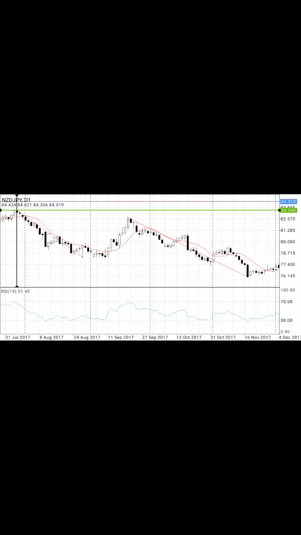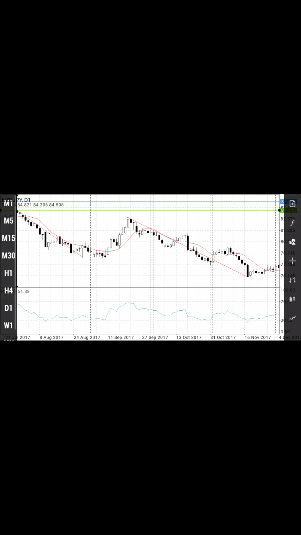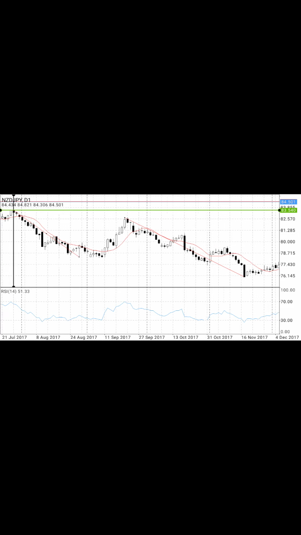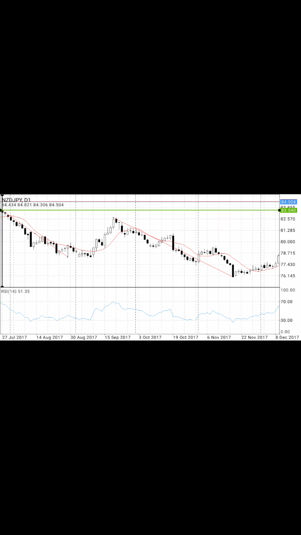And it's not just bearish for now, but for a while. Even the first bearish trend right here lasted from July 2017 till 30th August 2017. The second bearish, 15th September 2017 till 10th November 2017.